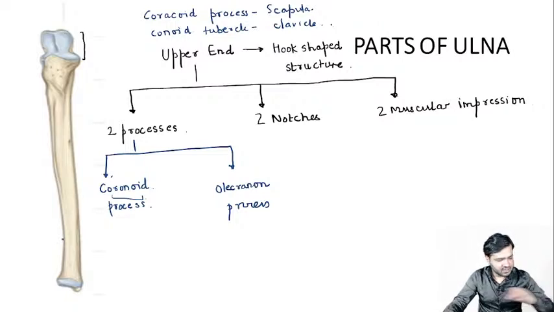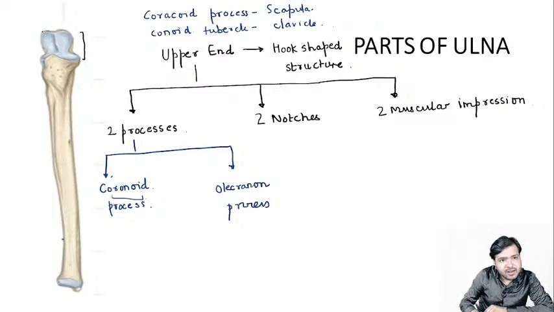Now let us demarcate the structures. Remember, the upper part that you see is called the olecranon process.